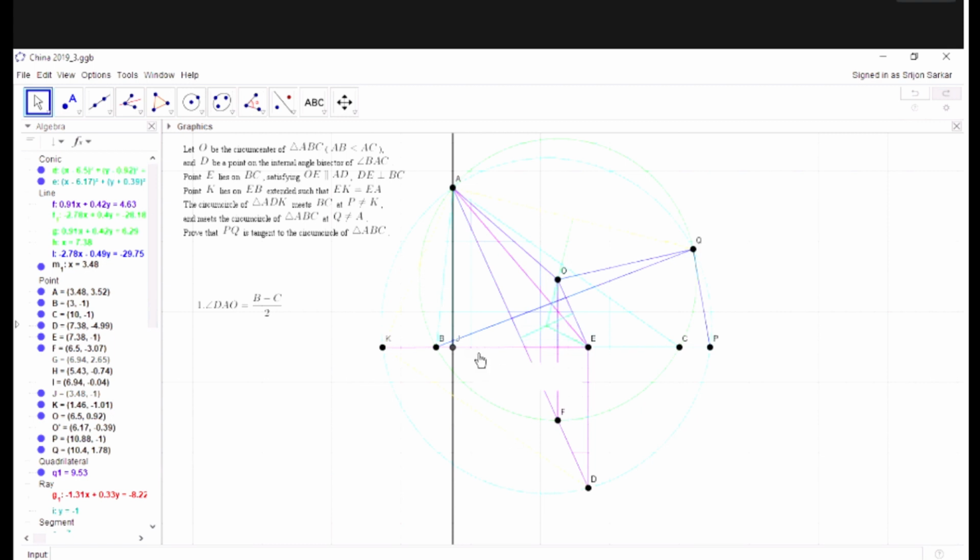Also, my diagram is clear. I know it's quite light, but if I try to make everything darker, it will take time. Yeah. Okay.